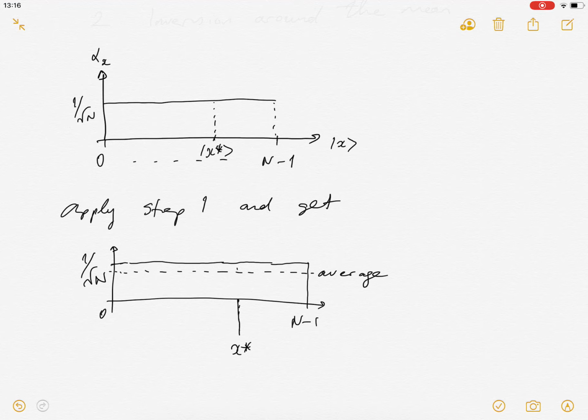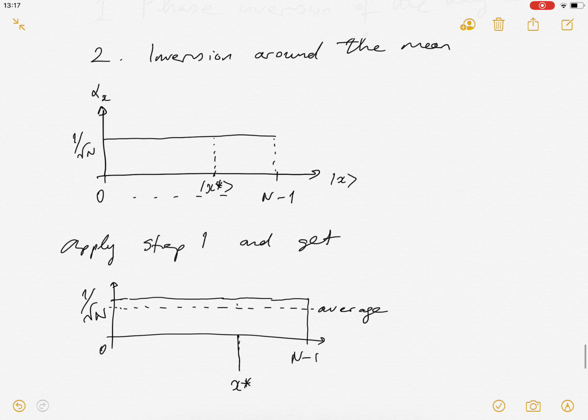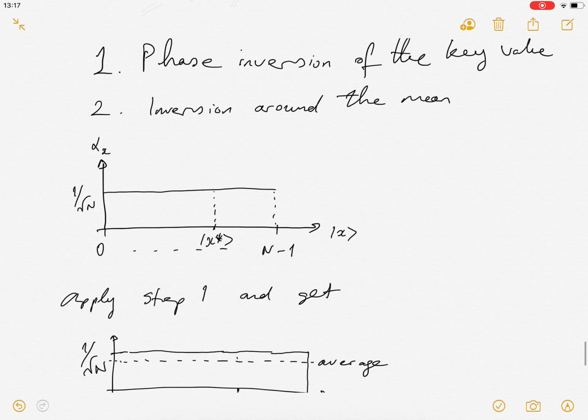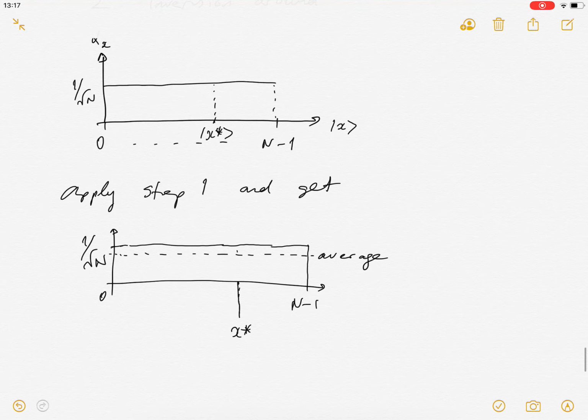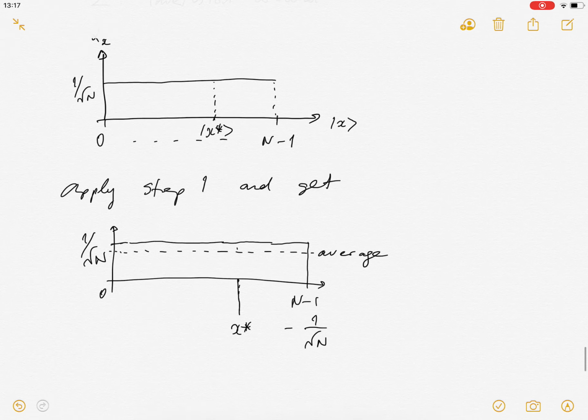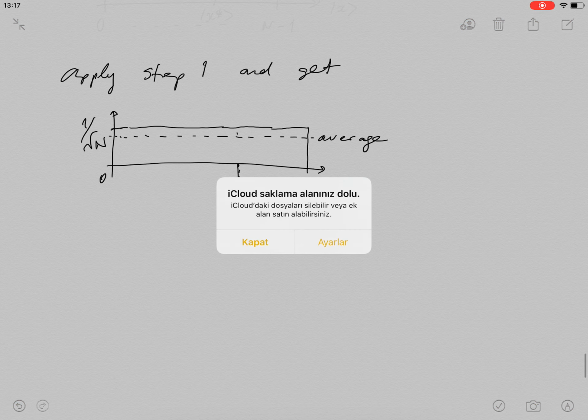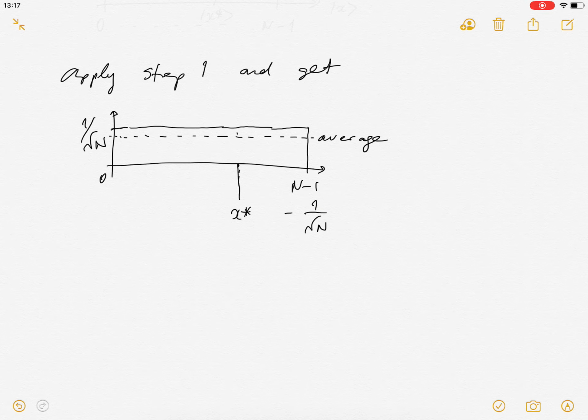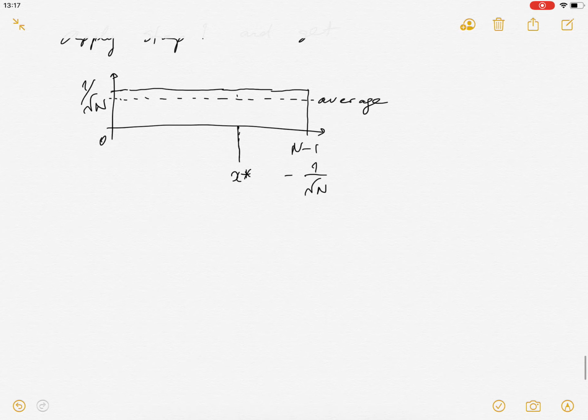Okay. But then after the second step, when we do an inversion around the mean, right now the amplitude of the key value is -1 over square root of n at this stage. But when we apply the second step, the inversion around the mean, what we get is a constant improvement on the amplitude of the key value.